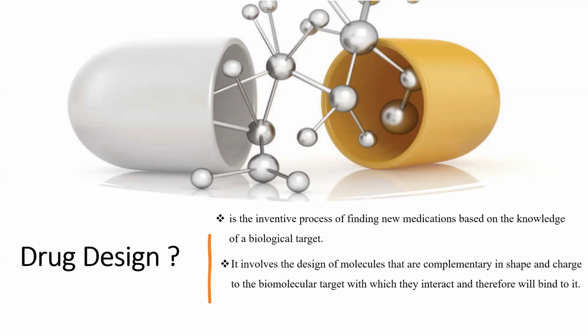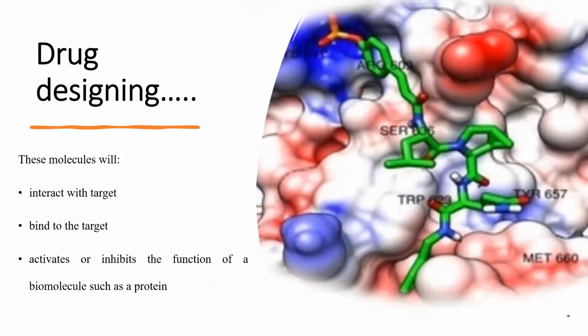You understand? So when you know the spike protein, you know the different amino acids present on it. You look at the shape of it, then you'll be able to design a compound, a drug that will complement the shape of that target. Are you guys listening to me? So once you do that, you are doing drug design.